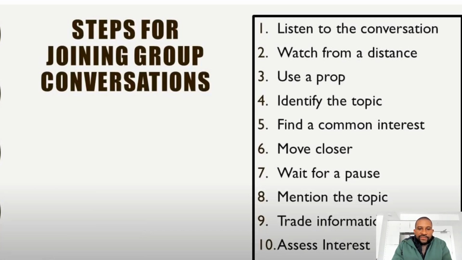So it looks like we got a few steps for joining group conversations. Listen to the conversation. Watch from a distance. I don't think that's of huge importance, but they have it in there. Use a prop.